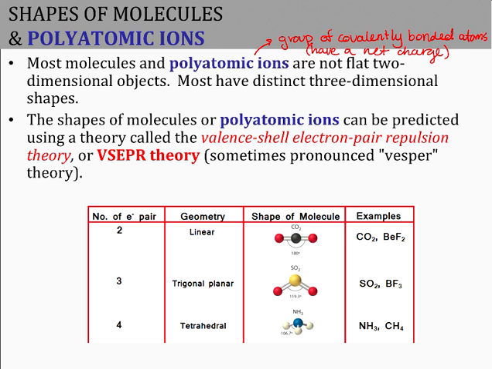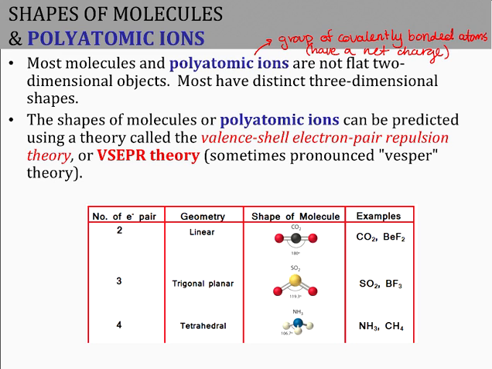Now, the shapes of molecules or polyatomic ions can be predicted using a theory called the valence shell electron pair repulsion theory, which is a very long name, so we tend to use the acronym VSEPR, but we pronounce it VESPER, so we call it the VESPER theory.